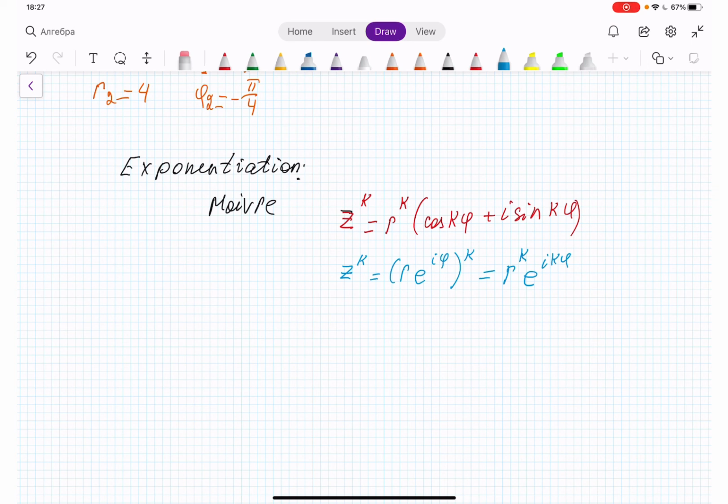All right, so here we have raising to a power in trig form, and here we have it in exponential form.